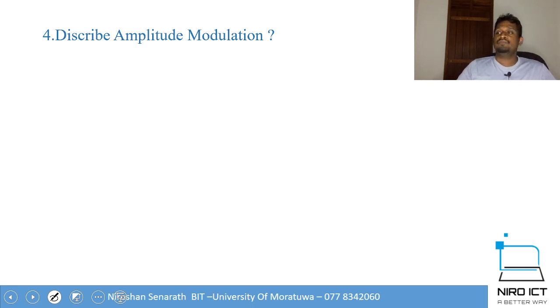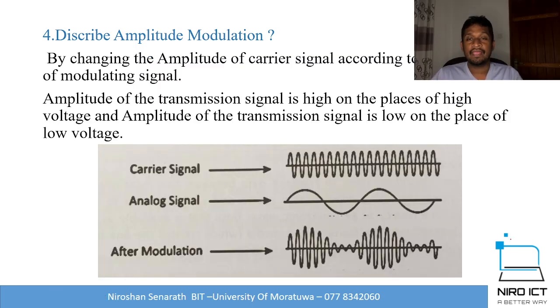Describe amplitude modulation. Looking at the diagram below, you can see three types of signals. One is called the carrier signal or transmission signal, and another is the analog signal, which is used to modulate the carrier signal and direct it into the transmission media.